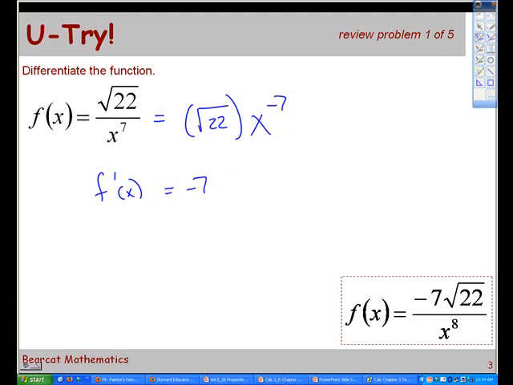So I get negative 7 times root 22 times x to the, what do I do to the power now? I have to subtract 1 from it, so it becomes negative 8. So this is a correct answer, and the format would be better if we use a positive exponent. So there's our derivative.